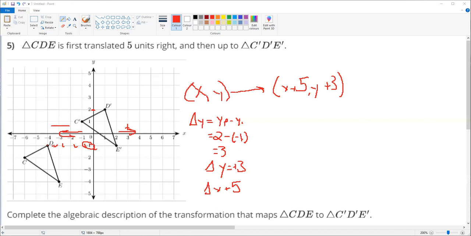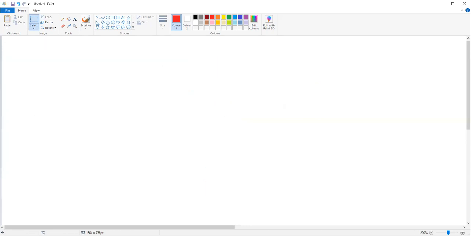There it is. Did I do this one? I don't think I did this one right. Yeah, I skipped this one. Okay. I accidentally skipped this one here.